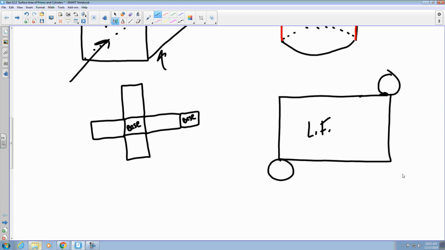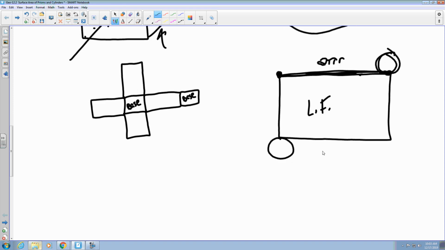So here's our 2D representation. The only thing we have to keep in mind is that the distance from here to here is going to be the circumference of this circle. So essentially it's going to be 2 pi r, whatever the radius is, or pi times d, whatever formula you like to choose from.